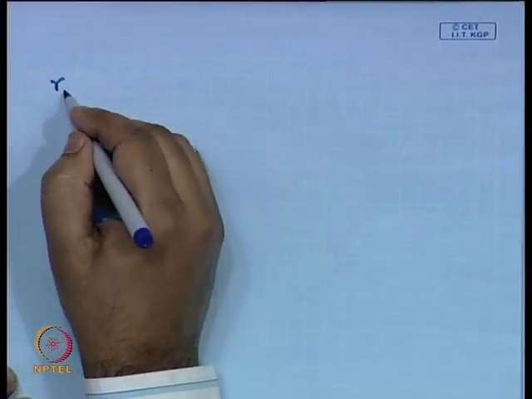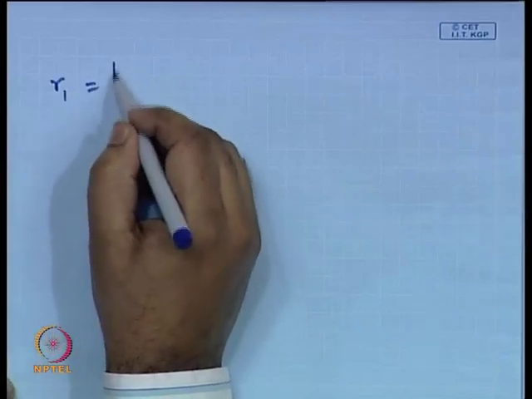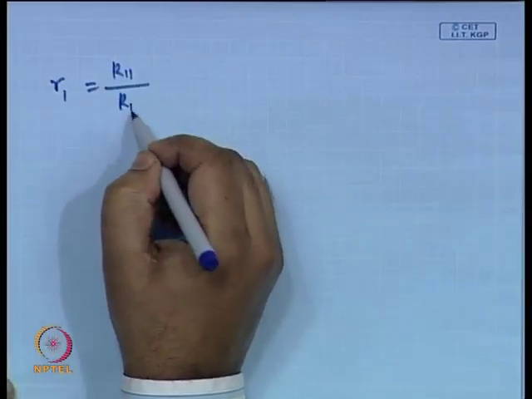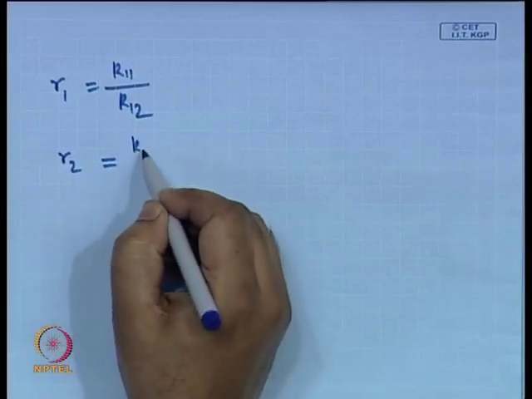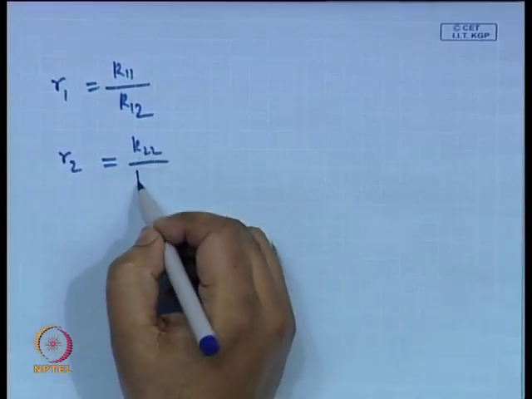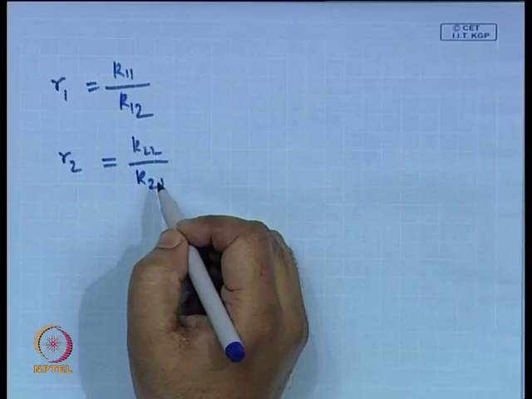Now, we are defining two more terms: R1, which is K11 by K12, and R2, which is K22 by K21.